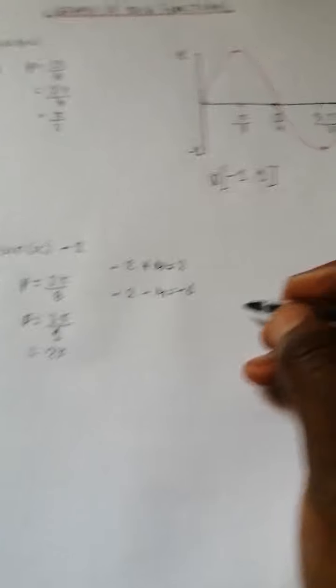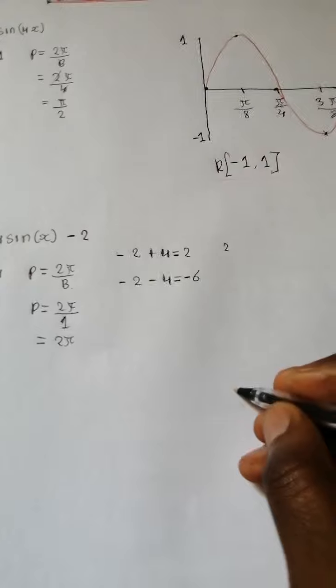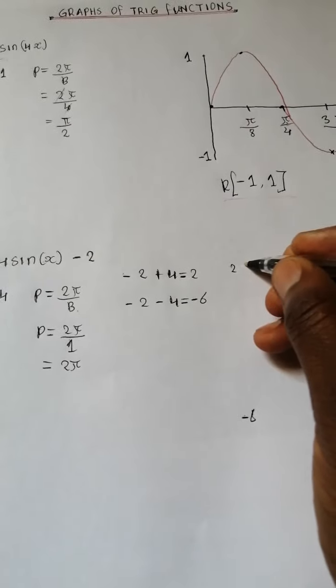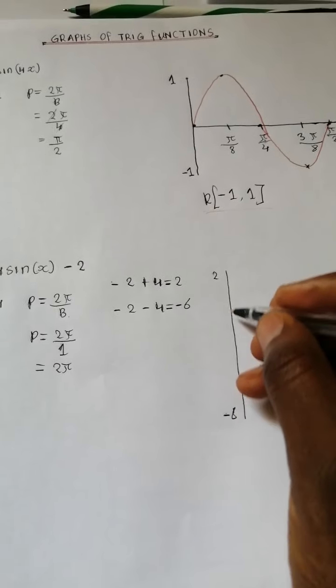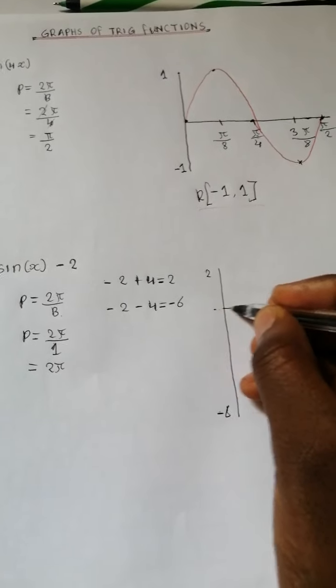So the graph will start from positive 2, and then come down like this. The upper limit will be positive 2, and the lower limit will be negative 6.